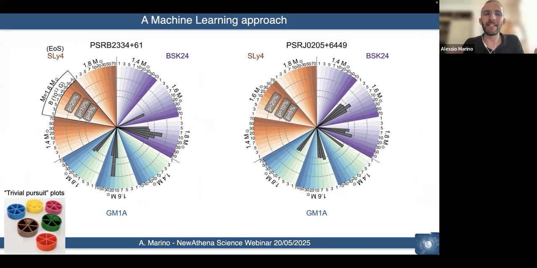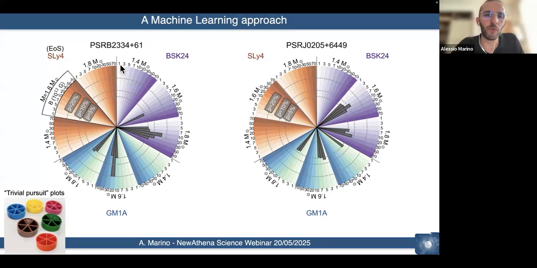In these plots, each of these pieces of the triangles is connected to a specific simulation, and they are organized in magnetic field, mass, and then equation of state, which is just the whole big sector made of the three subsectors for each mass.